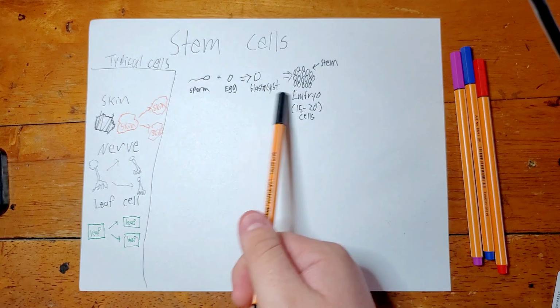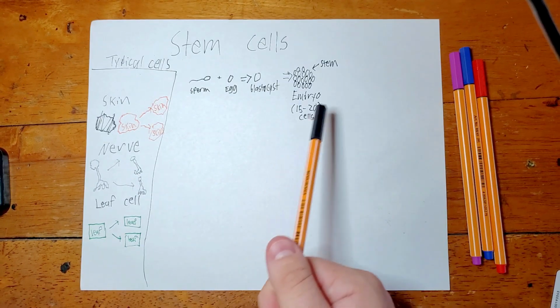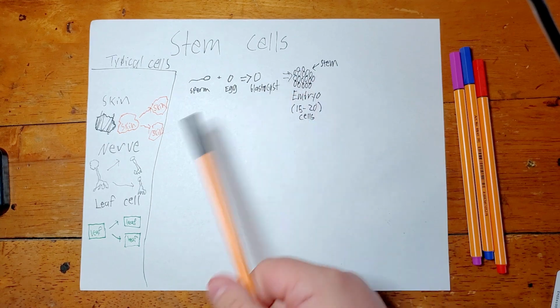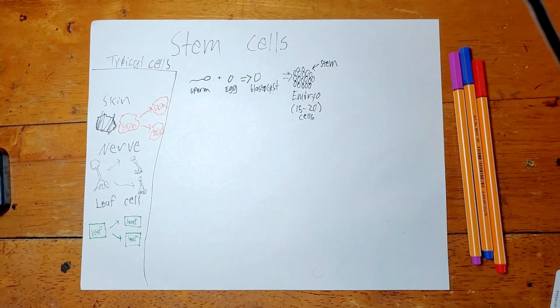So it's going to divide into 15 to 20 cells. Every single one of these 15 to 20 cells in this brand new embryo has the potential at this point to become any cell in the human body.